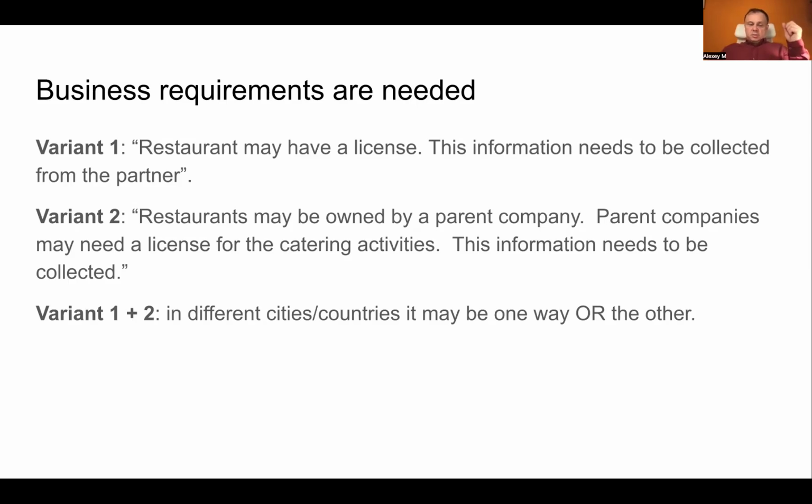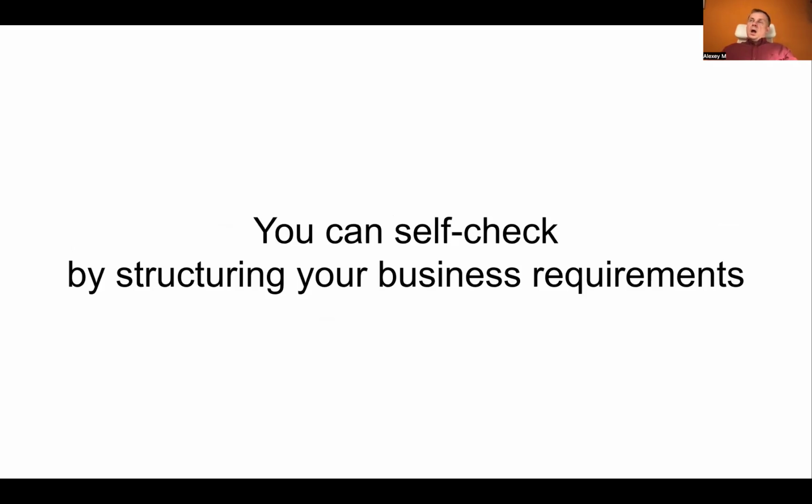This information needs to be collected. Sometimes, even in different cities, countries, situations, whatever, you may need both. You may need a license for the restaurant and a more general license for the holding company, for the parent company. We need to know that.